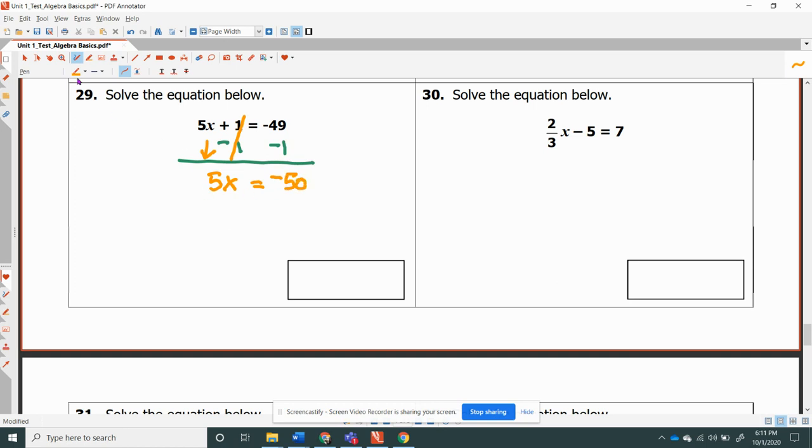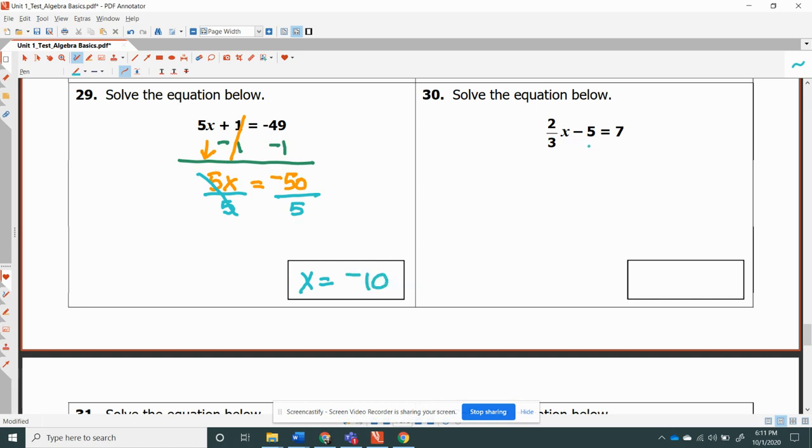Now we're going to divide both sides by 5. And this 5 over 5 cancels. And we have x equals, and what's negative 50 divided by 5? Negative 10.